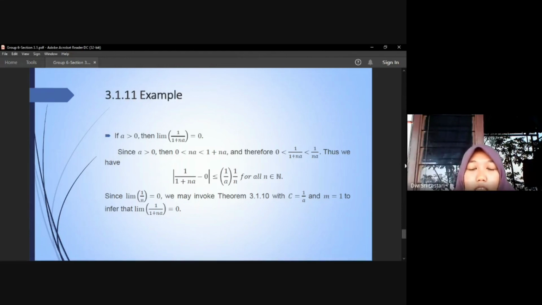Thus we have absolute value of 1 over (1 plus na) minus 0 less than or equal to (1 over a) times (1 over n) for all n in the natural numbers. Since limit of 1 over n equals 0, we may invoke Theorem 3.1.10 with c equal to 1 over a and m equal to 1 to infer that limit of 1 over (1 plus na) equals 0.